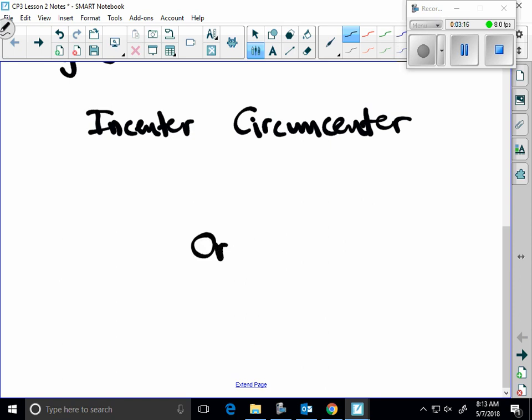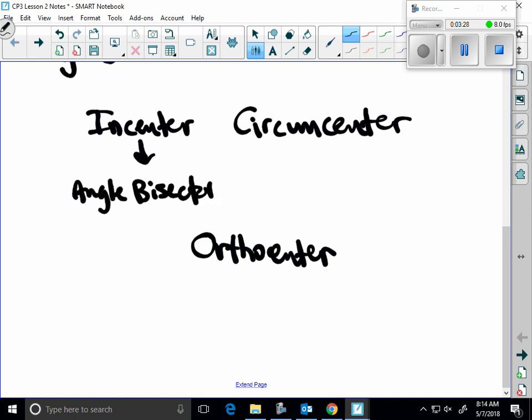Orthocenter, yeah. The incenter was formed by the angle bisectors. The circumcenter was formed by the perpendicular bisectors. And the orthocenter was formed by the altitudes.